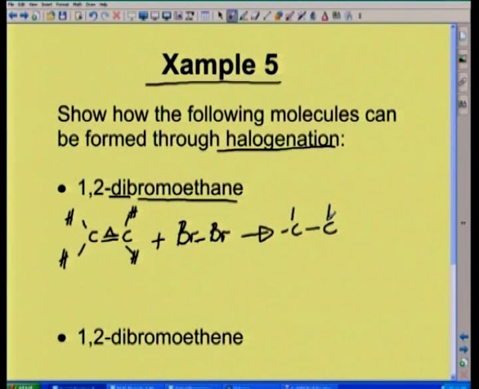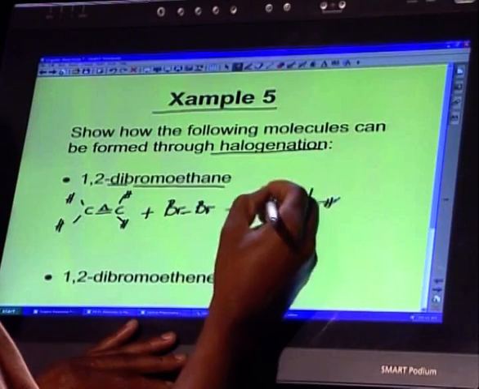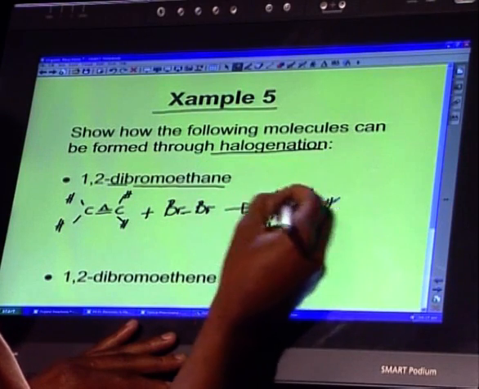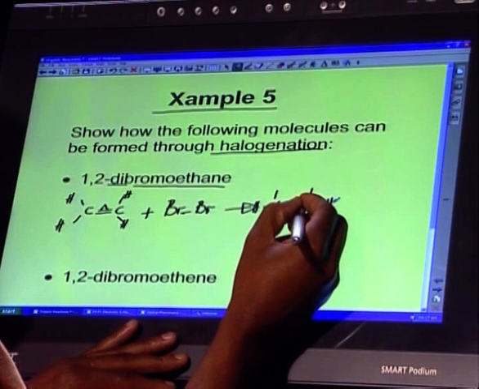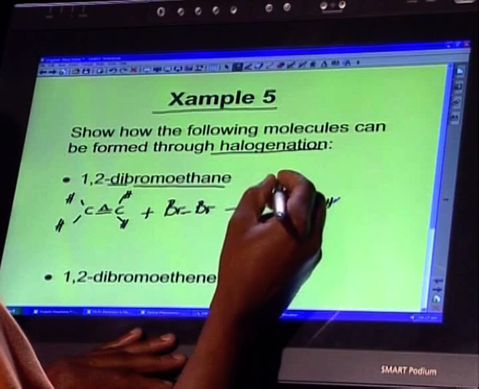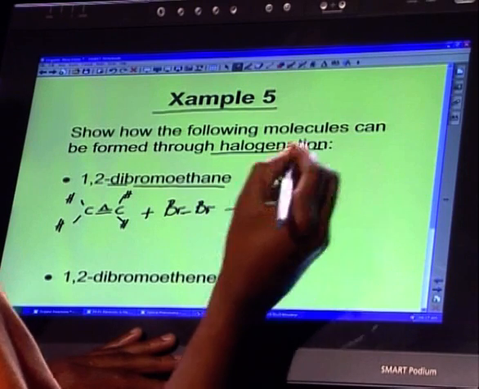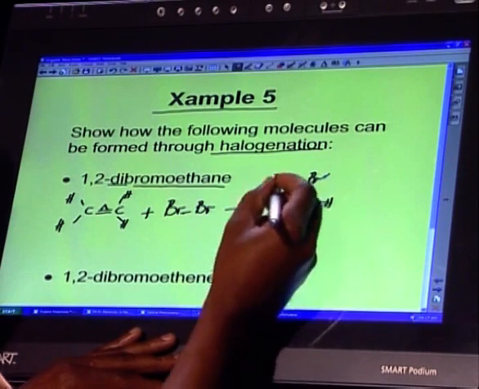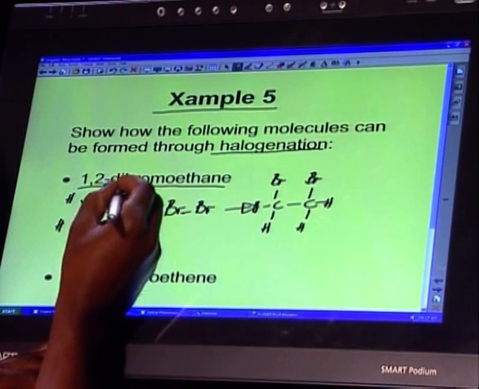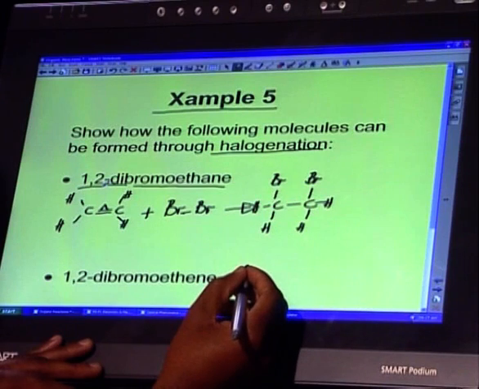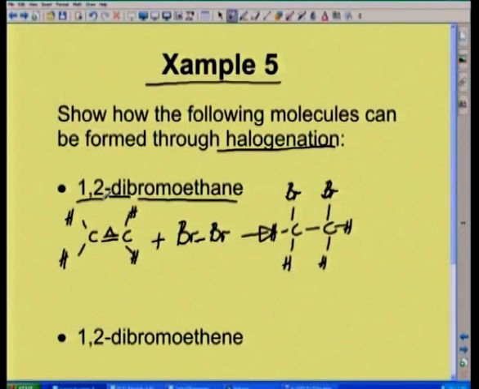For each of the carbon atoms, there are 2 bonds that are now available. The other 2 are still occupied by my hydrogen atoms. So these ones that resulted from the breaking up of the double bond between the carbon atoms are now available to take up the bromine atoms. And that is my 1,2-dibromoethane molecule.